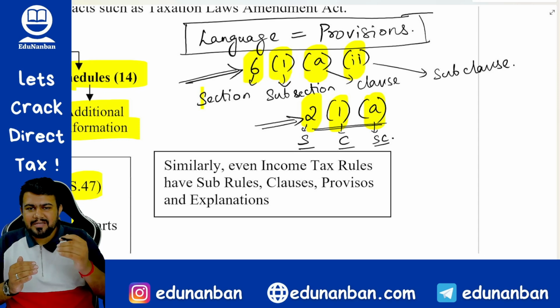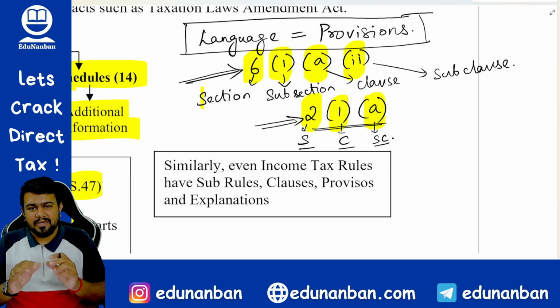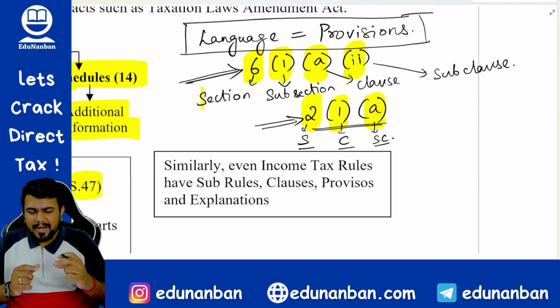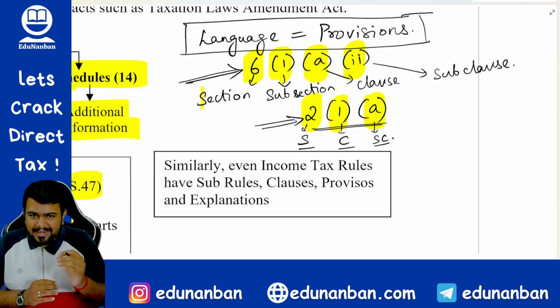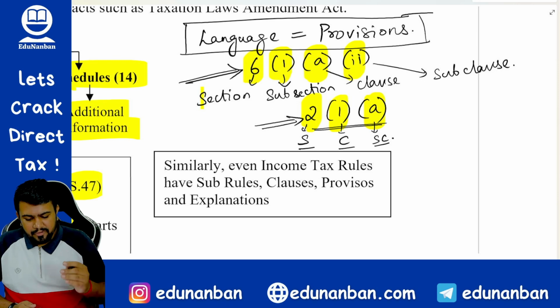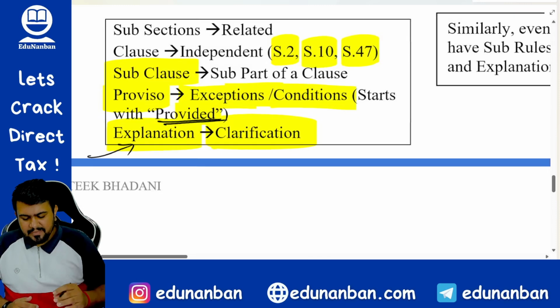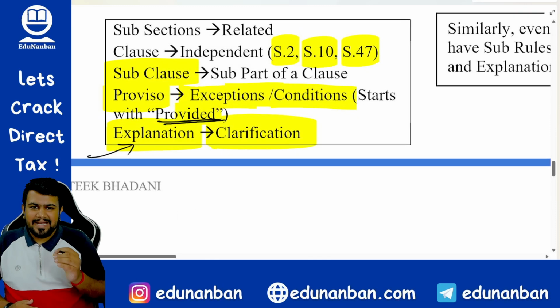The different subparts only contain different definitions, and one definition is not related to another. Hence, these subparts cannot be called subsections; you directly call them clauses. So when you pronounce section 2, you will always say section 2, clause 1, subclause A. You got my point?